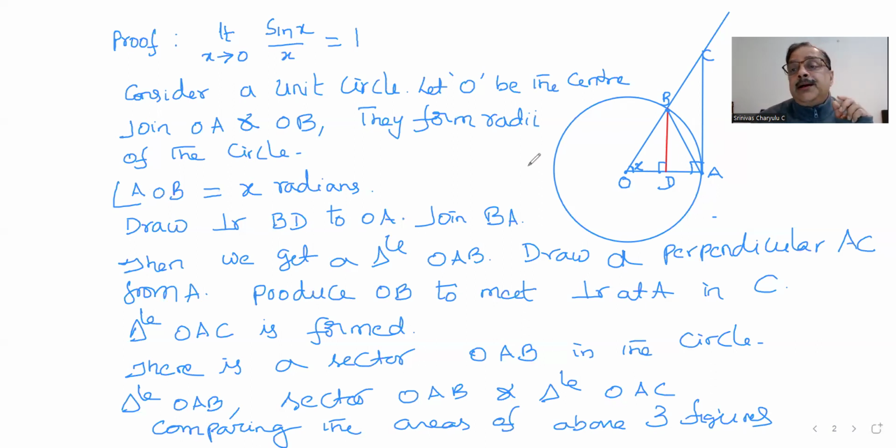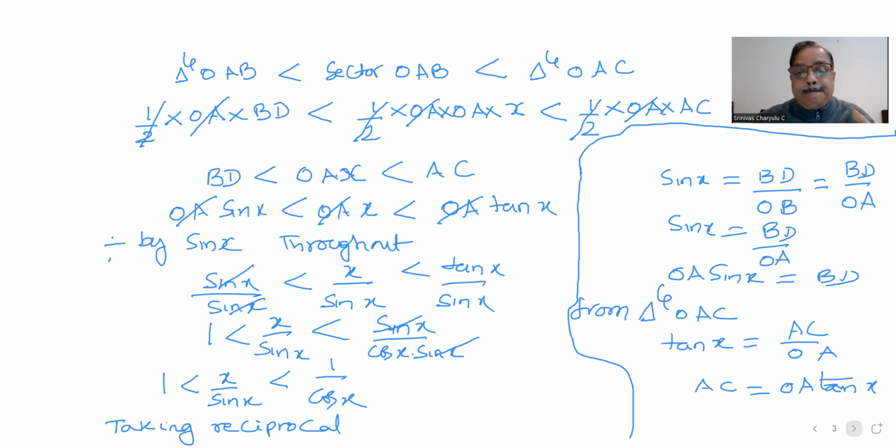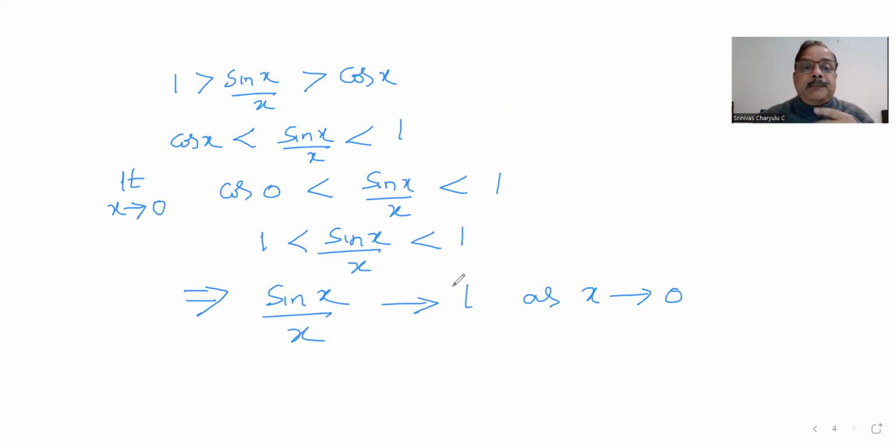Then what you get? You will be getting cos X less than sin X by X less than 1. So limit X tends to 0 here, cos 0 less than sin X by X less than 1. That means the value of sin X by X lies between 1 and 1, both sides 1 is there, meaning the value of sin X by X is 1 when X tends to 0.